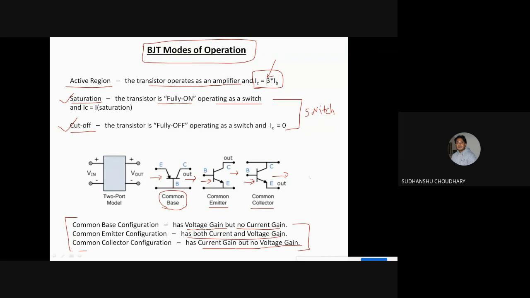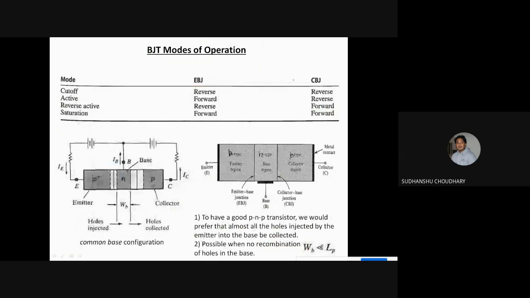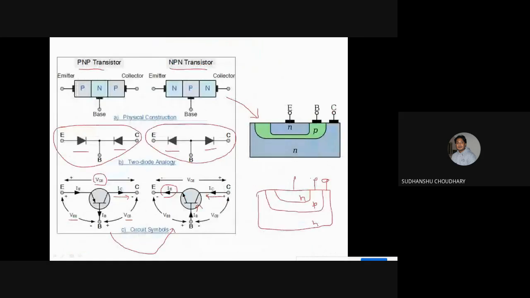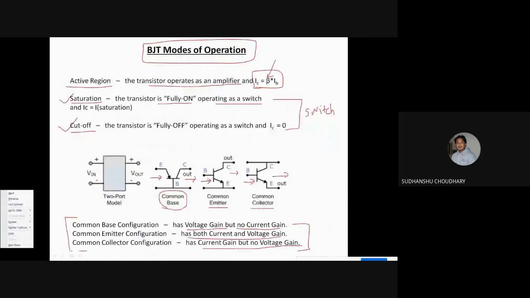Now, one important thing you will notice in these BJT transistors is that the base current is not zero. So you have some small base current. But in the MOSFET, the gate current was zero.